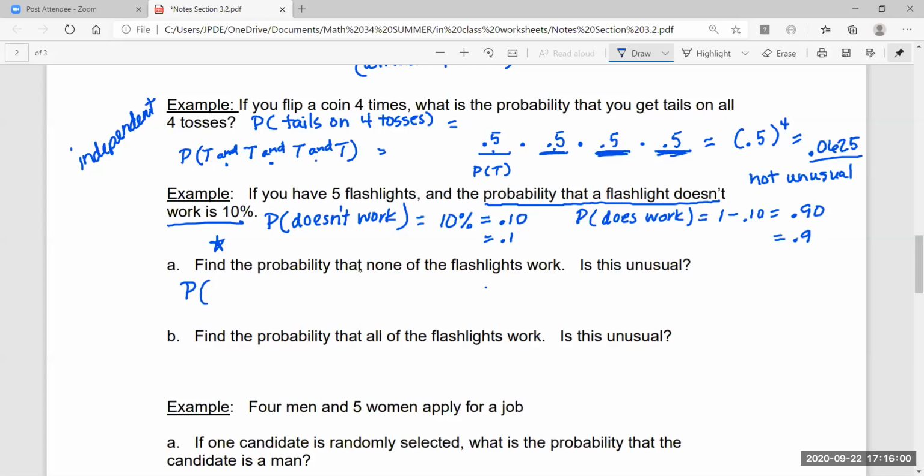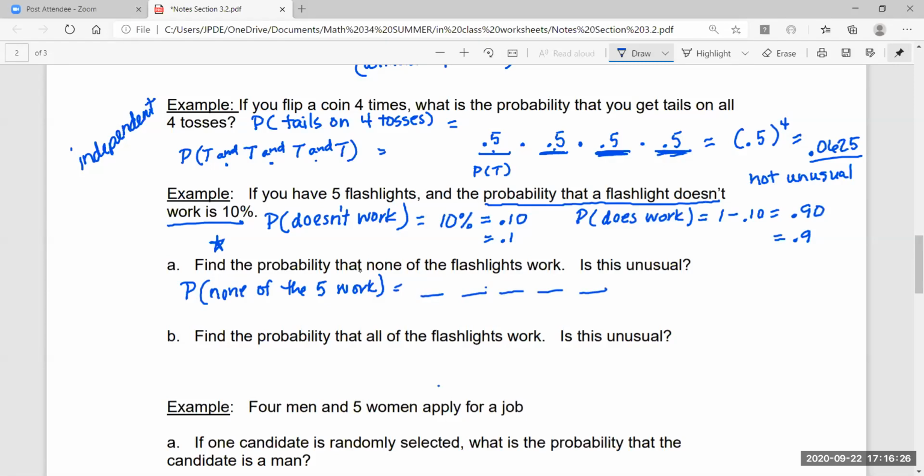Well, how many of them are there? 5, right? None of the 5 work. None of them work. They're all broken. So the first one doesn't work, and the second one doesn't work, and the third one doesn't work, and the fourth one doesn't work, and the fifth one doesn't work.